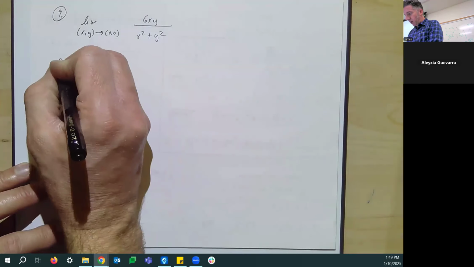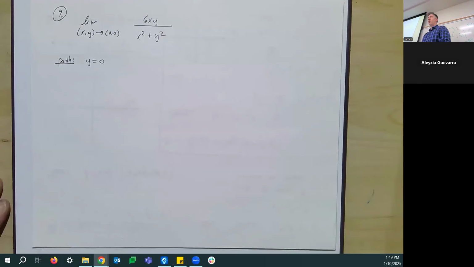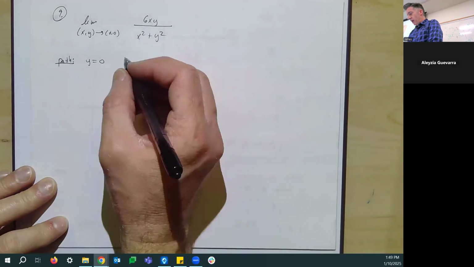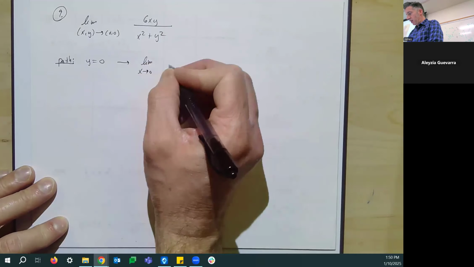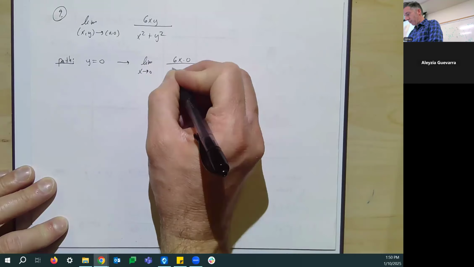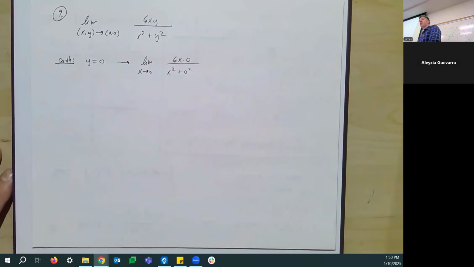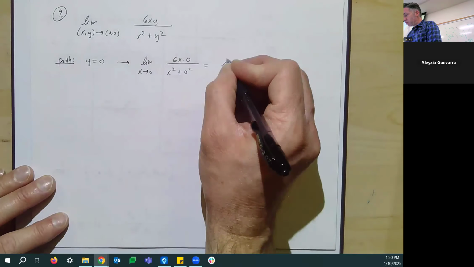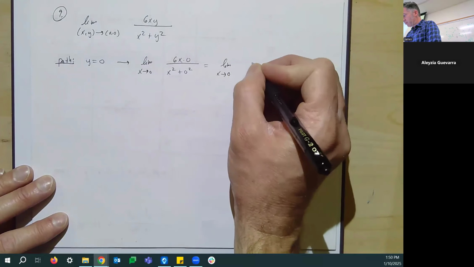So again, let's try the usual path. Let's try y equal to 0. You should always try at least one of those paths. So if we do that, we're going to get the limit as x approaches 0 of 6 times x times 0 over x squared plus 0 squared. You can skip this step, right? You should know that 6 times x times 0 is 0, and x squared plus 0 squared is just x squared.